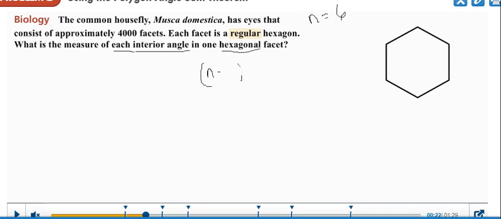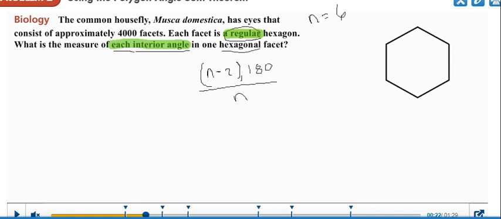N minus 2 times 180 degrees, and when we want to find each interior angle, we take this and divide it by n. Remember, we can only do this if it is a regular hexagon. That's super important. If it wasn't a regular hexagon, we wouldn't be able to find each interior angle. But it did tell me it was regular.